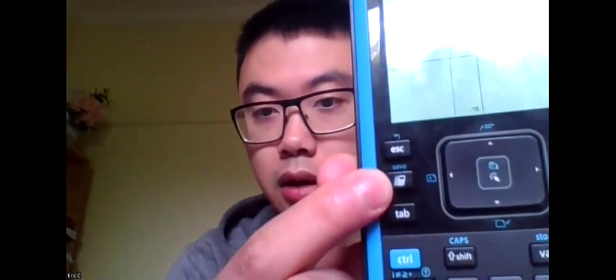Then we press that again to go back to our calculator page, and then highlight this one here. How you highlight is you press the shift button and then you click again to highlight.